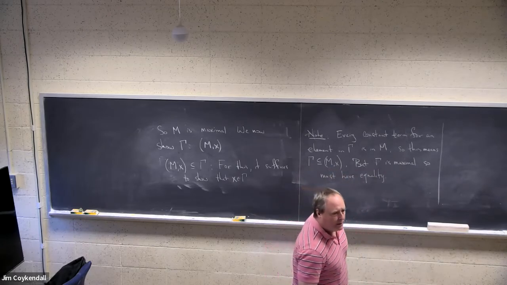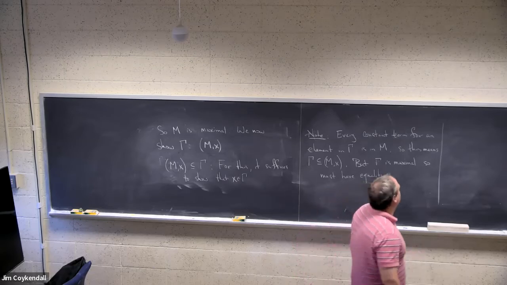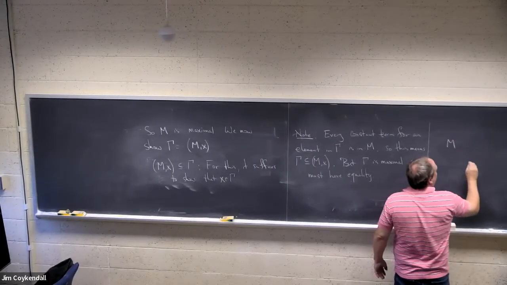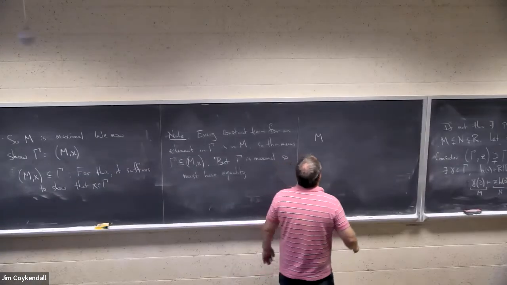Yes. Can you also show that the correspondence is 1-to-1? Well, right, so we'll go through this. Here's the way the correspondence is. Take a maximal ideal. I'm going to give you a function that goes in both directions.